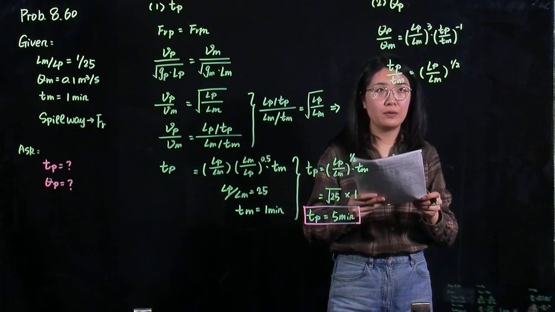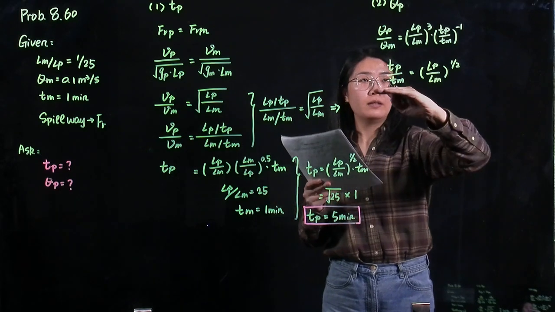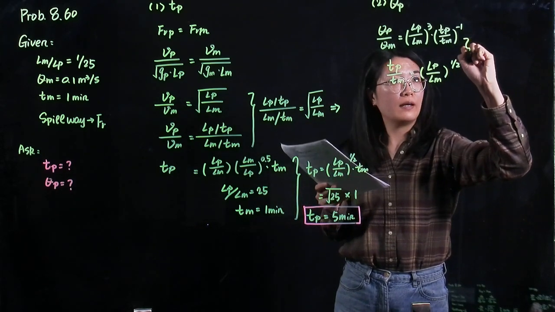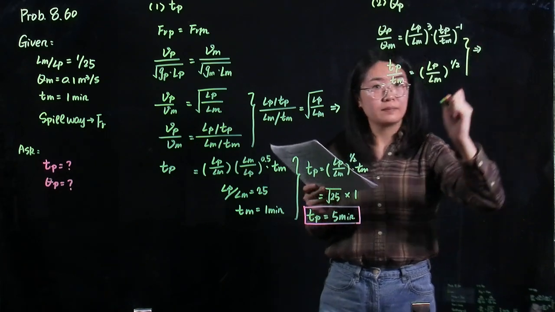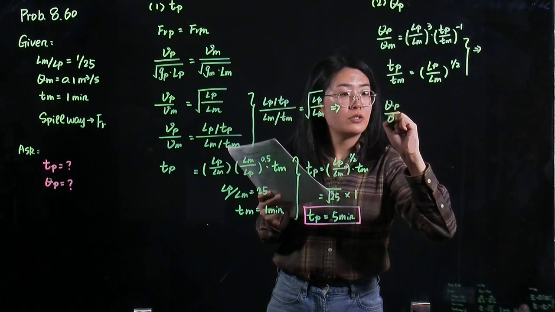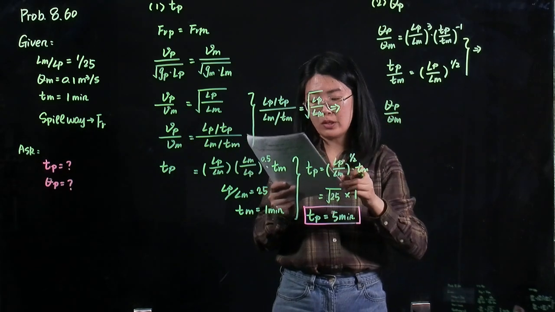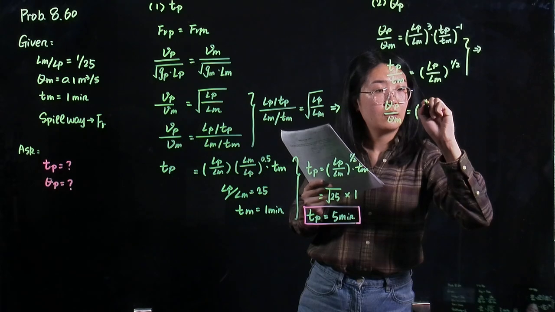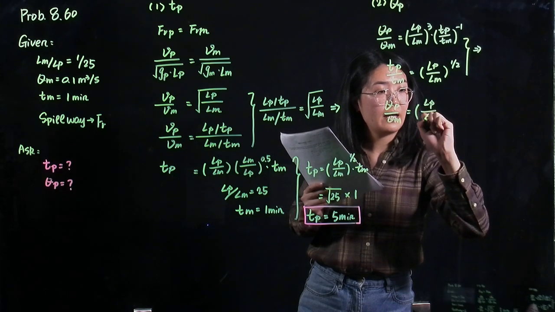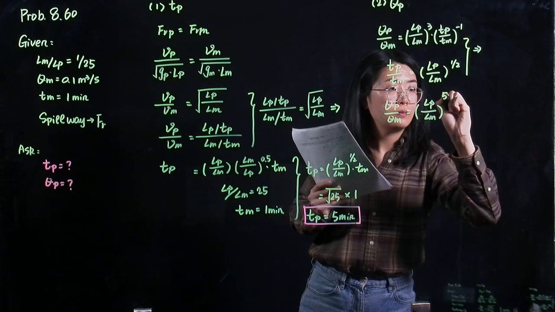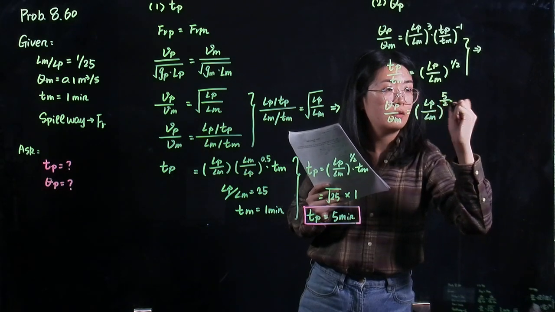So we can bring this equation to the first one, then we can get the ratio of discharge. It should equal Lp over Lm, the ratio of length, to the power of 2.5.